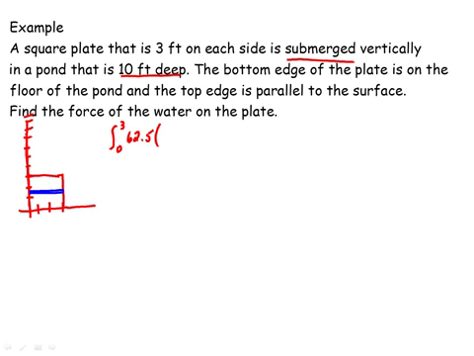Because now what we need is the depth of our sample at any moment. 10 minus y. That's right. Any sample on that plate will be 10 minus something. And you know y would fall between 0 and 3 when you look at the plate, right?